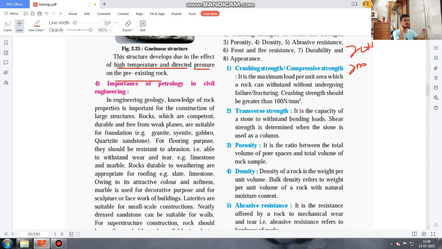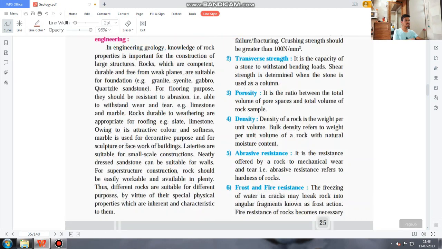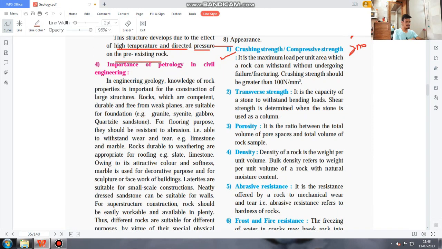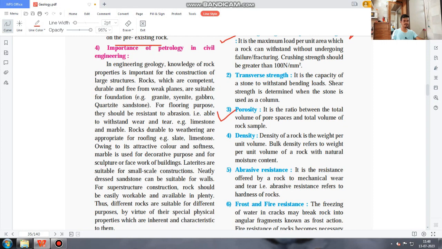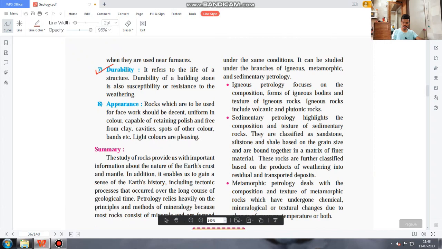You have to learn at least, there are 8 points given, at least 5 you have to remember. As per mine, I studied the first one, the third one, the 5th, 7th and 8th, so I studied at least 5. You read it, you will automatically understand.